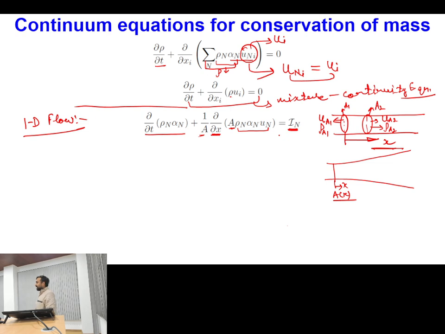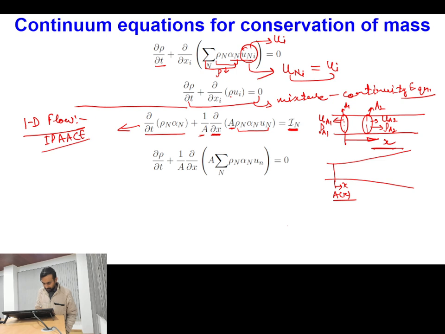But if area is variable, then I cannot take the area outside the derivative. So in this scenario, you can see this is my individual phase area averaged continuity equation. Okay, so this is nothing but the individual phase area averaged continuity equation.